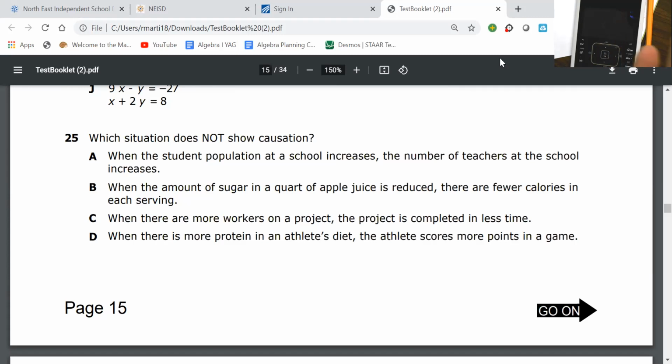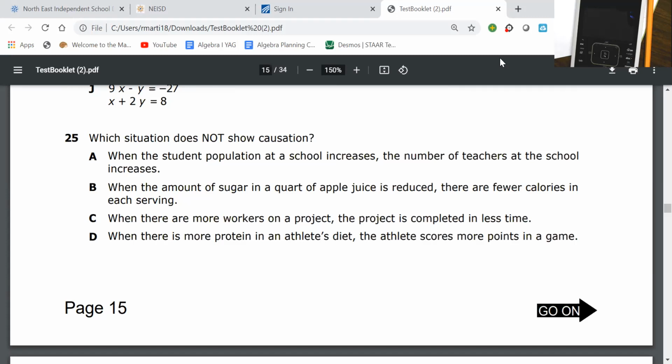Sometimes there's a relationship, and sometimes one thing directly causes the other thing. For example, today it's raining. So you can say, when it rains, the ground gets wet. True statement. Okay, that is a direct causation. In other words, the rain is causing the ground to get wet.